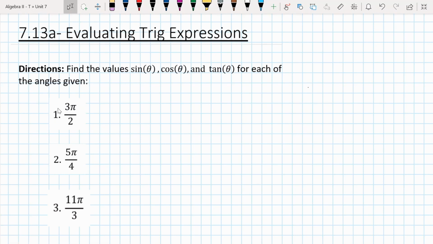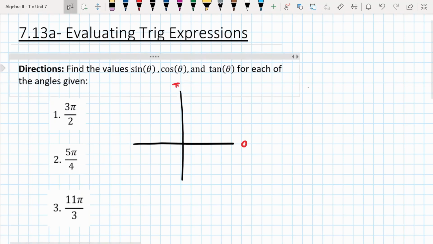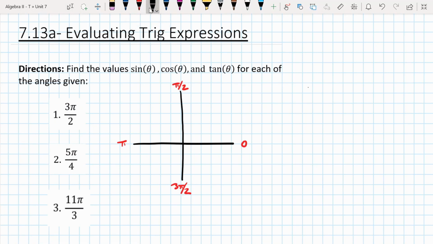Starting with 3 pi over 2, let's imagine we have a coordinate plane here. And let's recognize that if we go around the unit circle in radians, 3 pi over 2 is going to be down here between the 3rd and the 4th quadrant at 270 degrees.